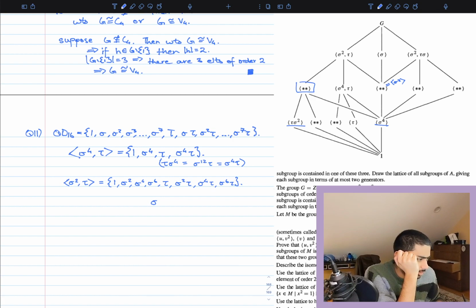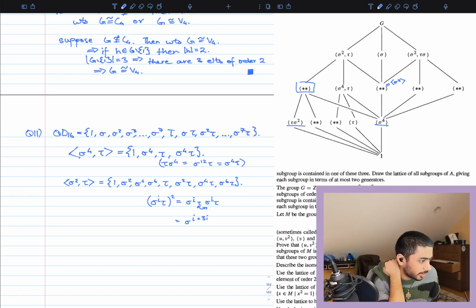Let's say we have sigma to the i tau. If we raise this to the power 2, this is sigma to the i tau, sigma to the i tau. And then we can swap these two, and it comes out to sigma to the i plus 3i, because swapping them comes at the cost of multiplying the power by 3.